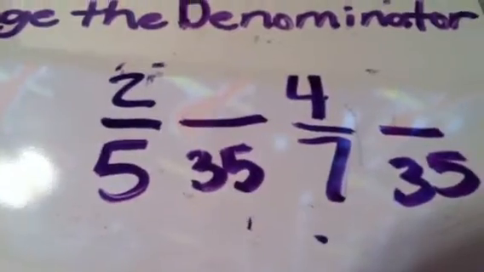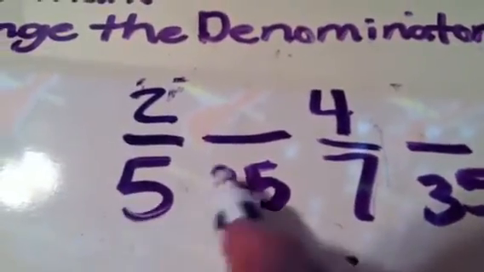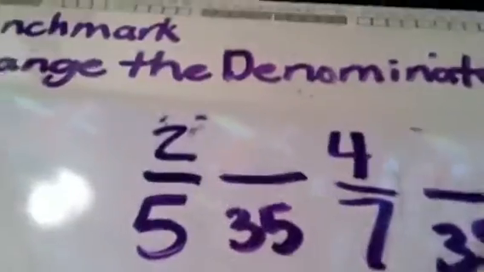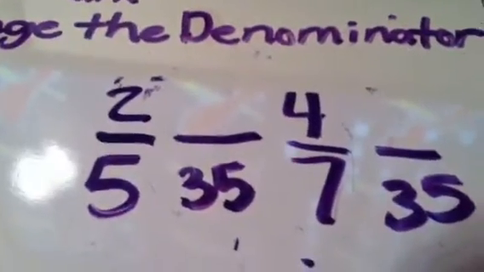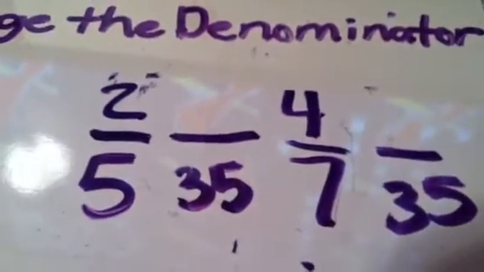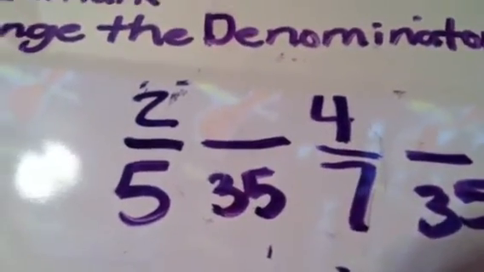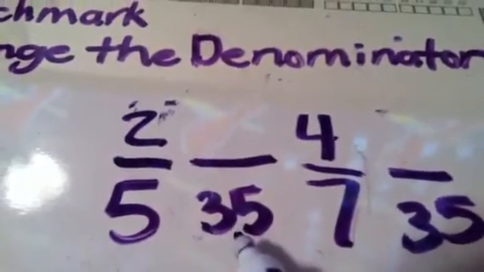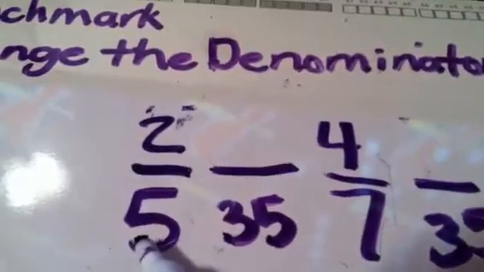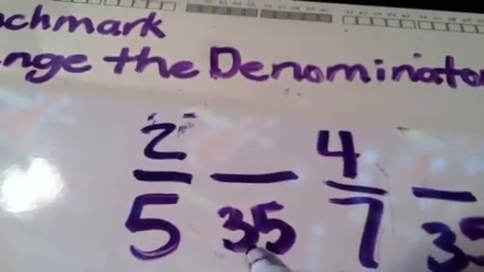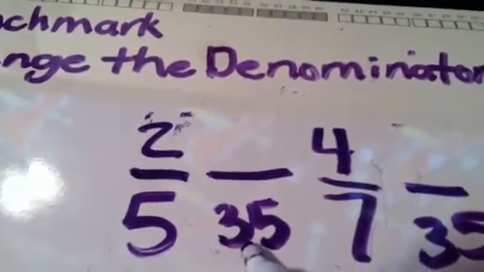And then you're going to ask yourself, all right, how do I get from 5 to 35? And remember, we talked last week about how if you do something with your fractions, if you change the denominator or you change the numerator, you have to treat your fractions fairly. So for this 5, since we're changing it to a 35, how did we get from 5 to 35? We multiplied by 7.